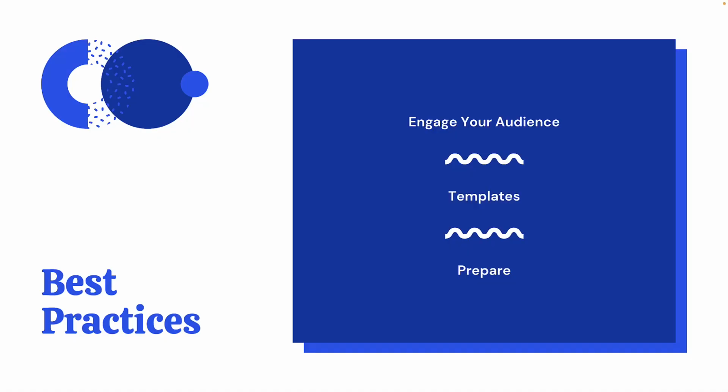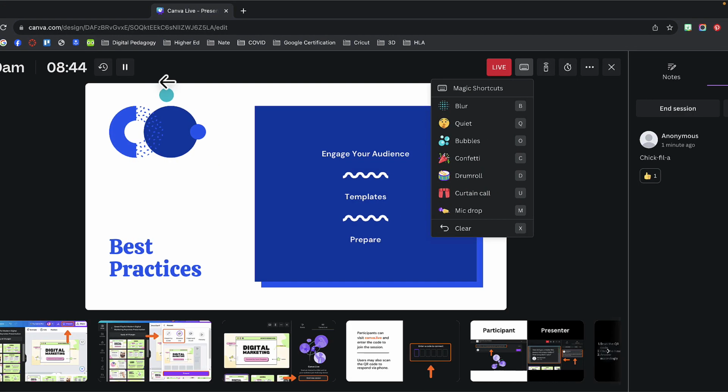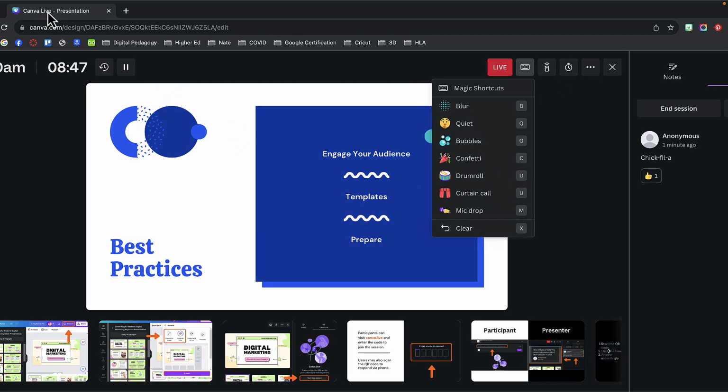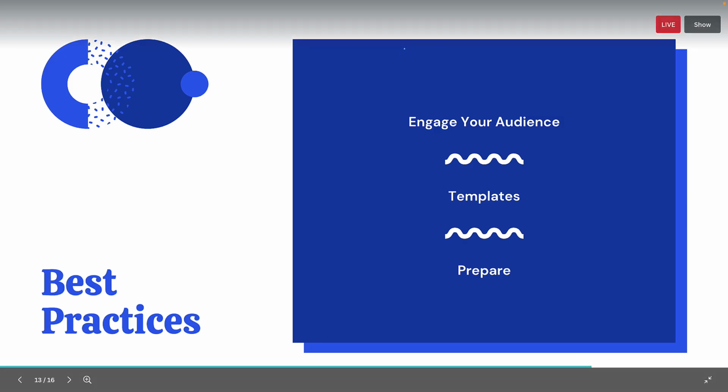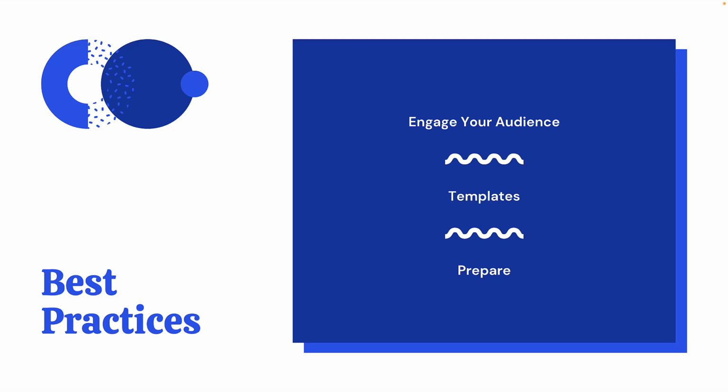So as we finish up, I just wanted to share a few other really cool tools that you can add before we talk about best practices. There are some magic shortcuts, as you can see here, that you can utilize on your presentation. I'm going to show you what that looks like from the audience side.